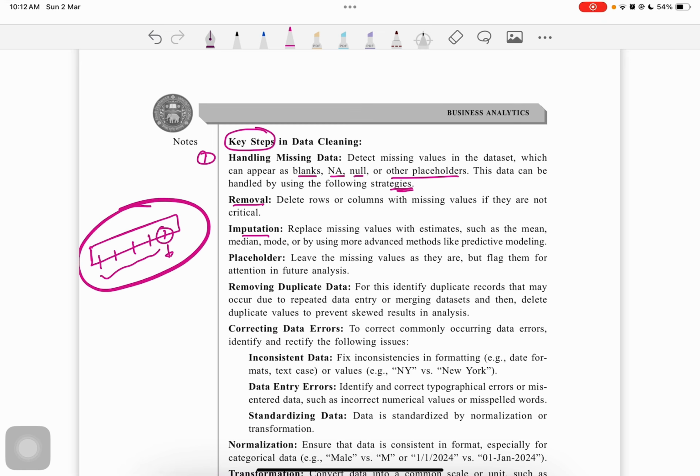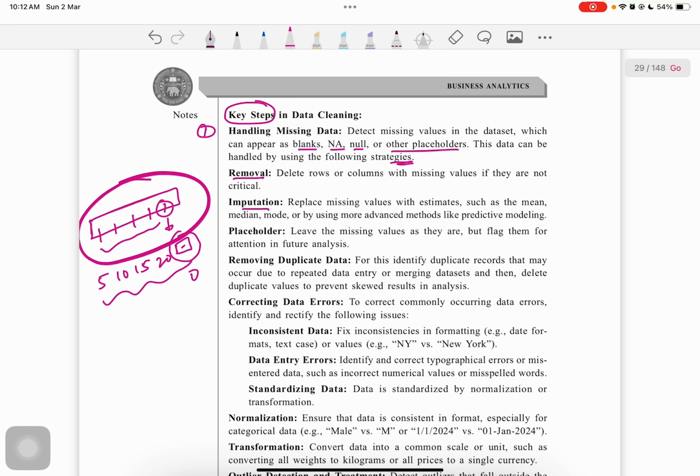Then for example, they have given 5, 10, 15, 20, and this one has given nothing, or we can say it is blank. So for the purpose of analysis, we can either take this as 0, or we can give it a number for the sake of analysis as the average of these 4 numbers.